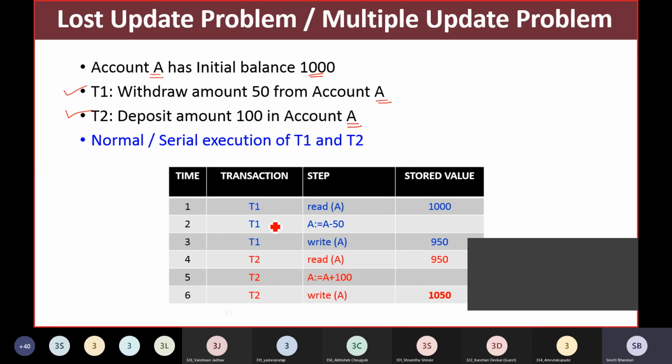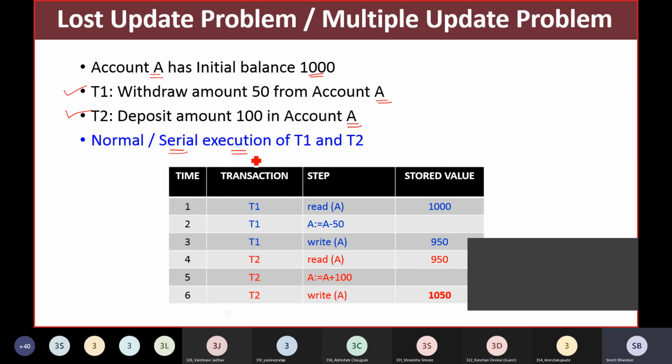Now, if there is a normal execution of T1 and T2, meaning the serial execution of T1 and T2, then what would be the ultimate balance of account A? See here what we mean by serial execution.